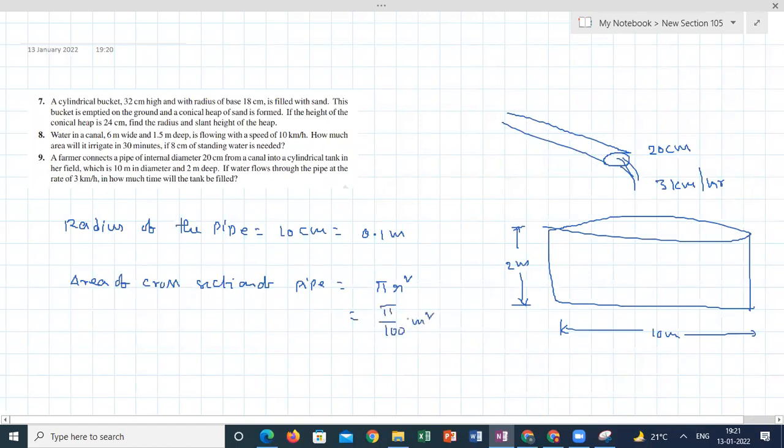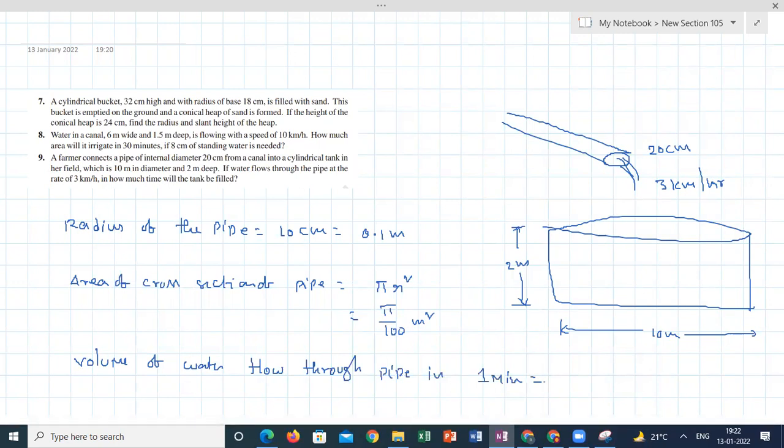The next one is the volume of water flowing through the pipe in 1 minute. So it is area of the pipe into velocity of the water per minute.